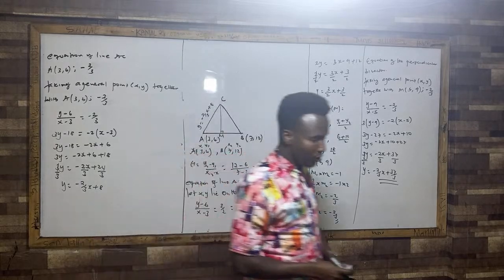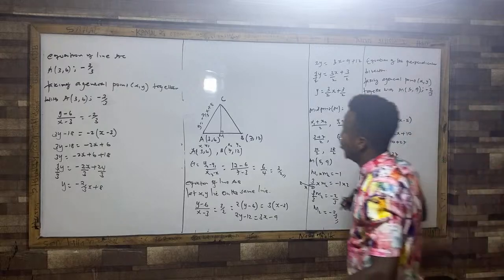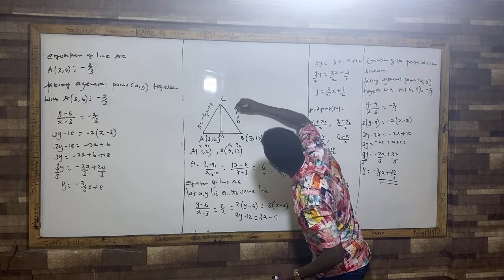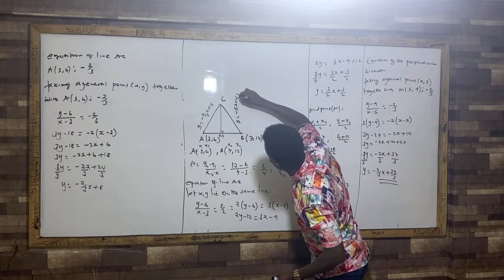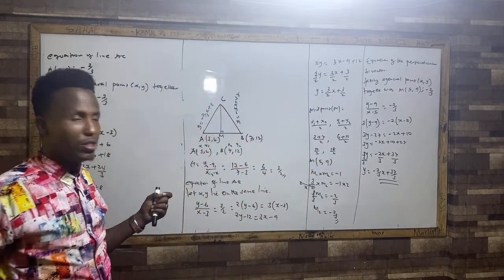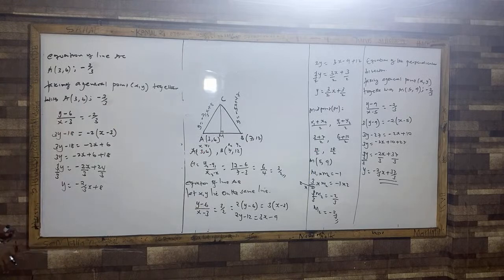And the equation of this line is also given, which is what? Let me check. The equation of BC is y is equal to negative 5x plus 47. So let me solve these two equations simultaneously to get the point C. So are you up to that point?